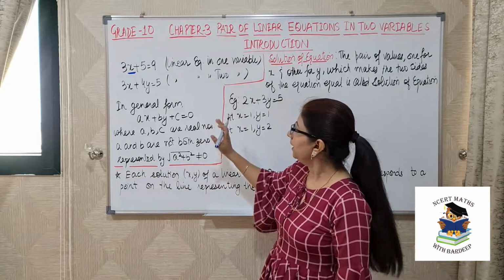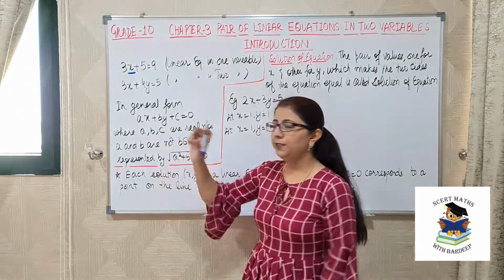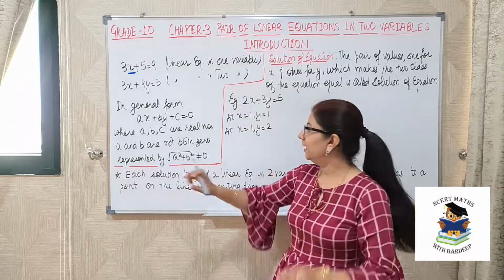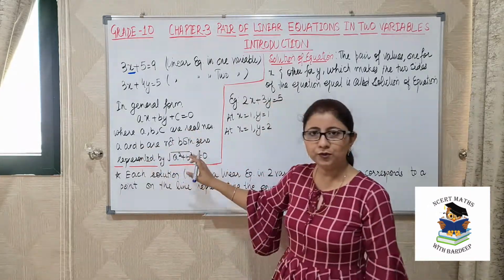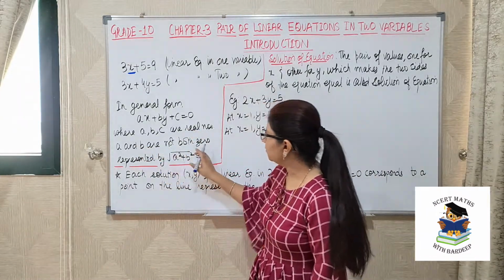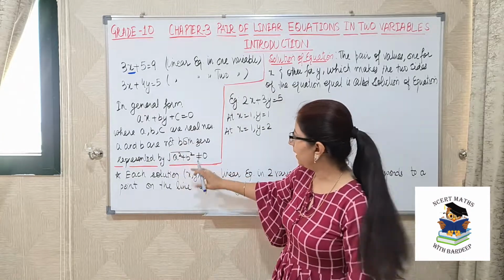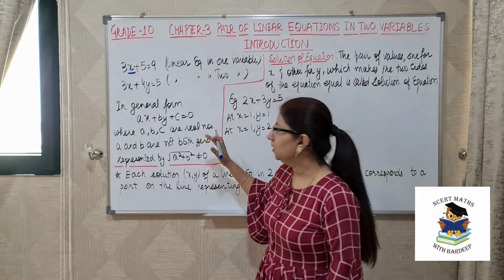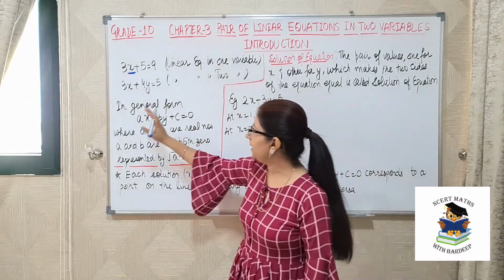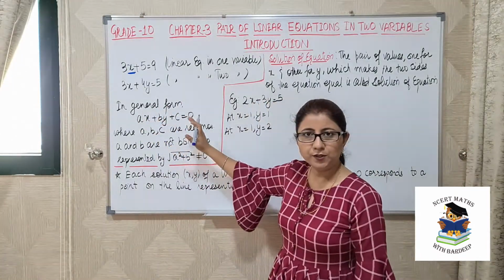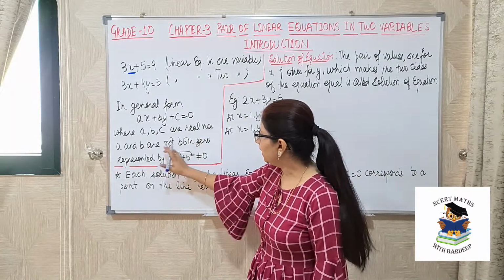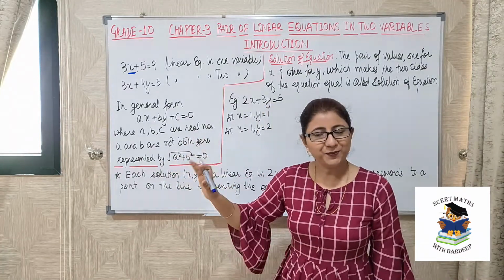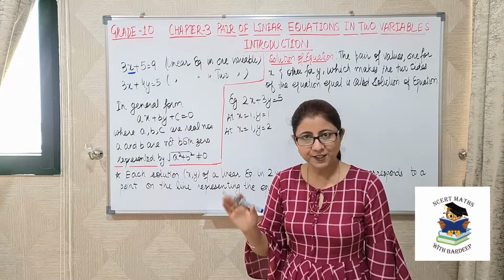In a generalized way, when we need to specify this condition that a and b are not both zeros, we will represent this by square root of a square plus b square should not be equal to 0. So the general format is ax plus by plus c equals to 0, but make sure that square root of a square plus b square should not be 0.